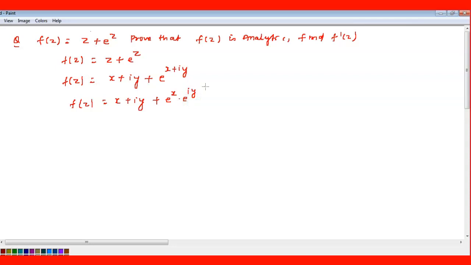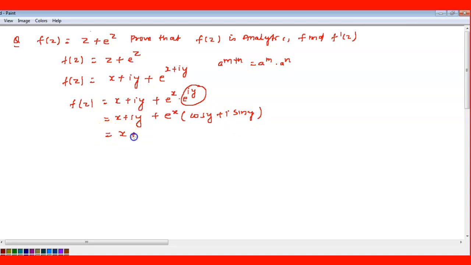We can write it because a to the power of m into a to the power of n is a to the power of m plus n. So x plus iy as it is, this e to the power x, and this one we know that e to the power i theta we can write cos of y plus i sin of y, right?